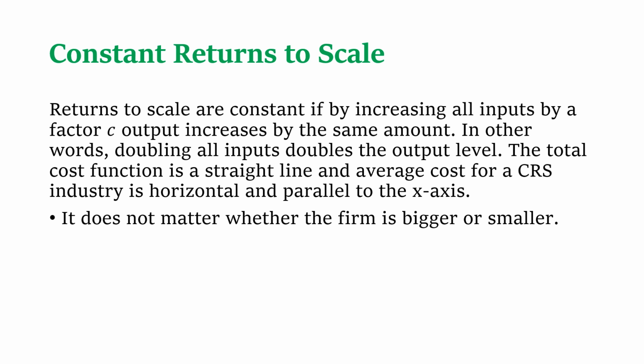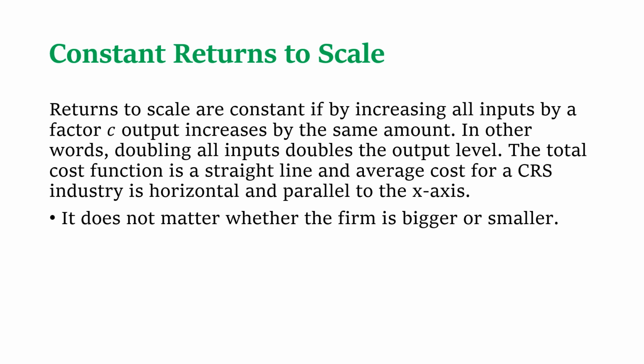So, constant returns to scale. If by increasing all inputs by a factor, let's say C, output increases by the same amount, then the production function exhibits constant returns to scale. So here it does not matter whether the farm is bigger or smaller.